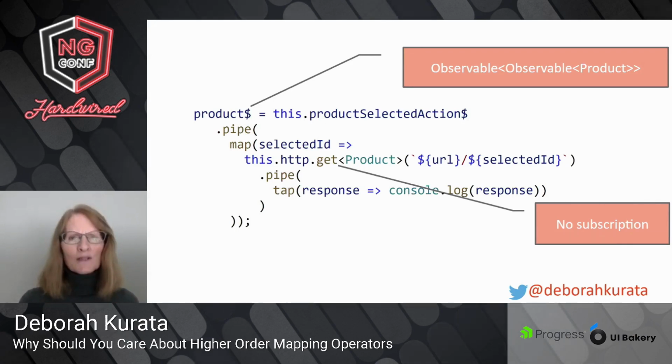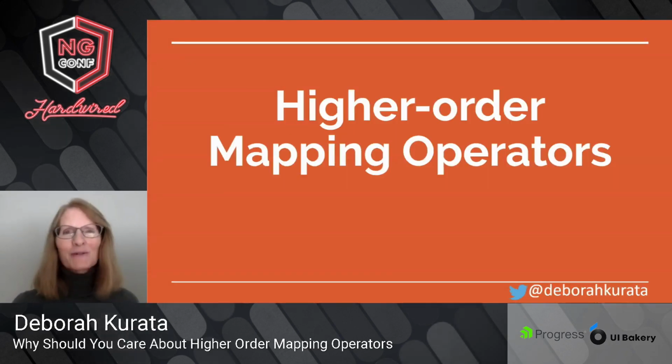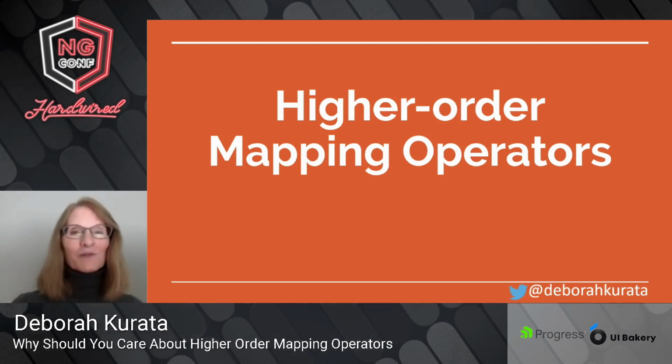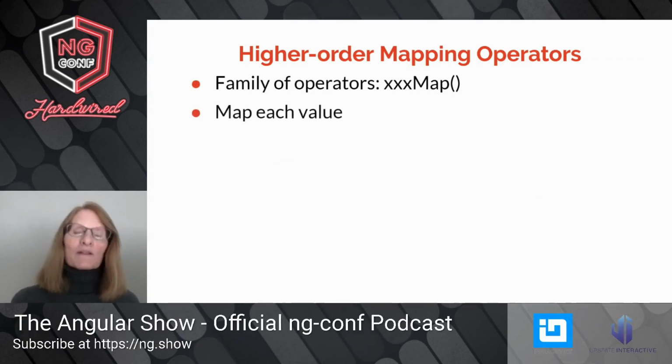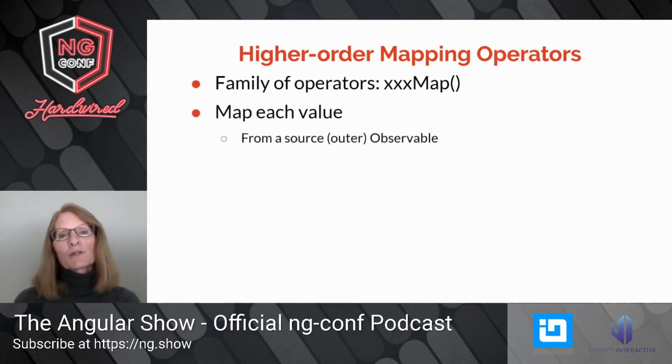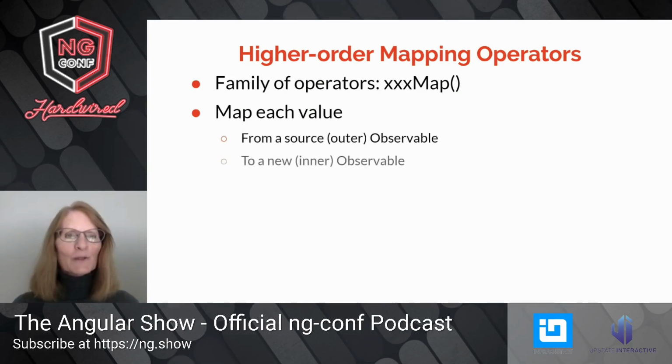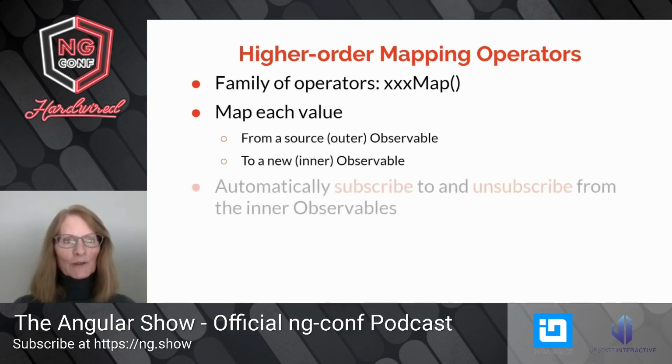So how do we deal with this? And the answer is higher order mapping operators. Yay. So let's talk about what those are. Higher order mapping operators are a family of operators that ends in map. What they do is they map each value from a source or that outer observable to a new inner observable.